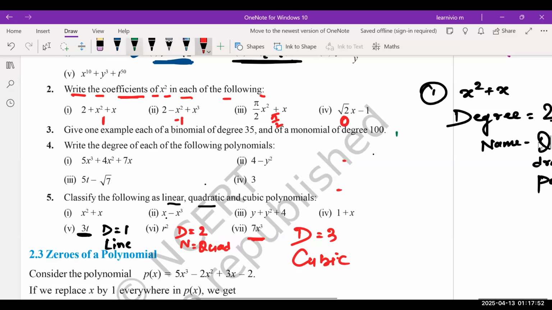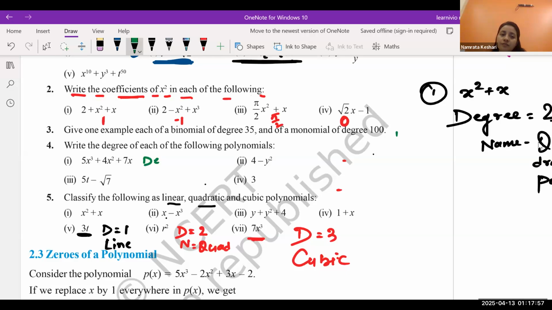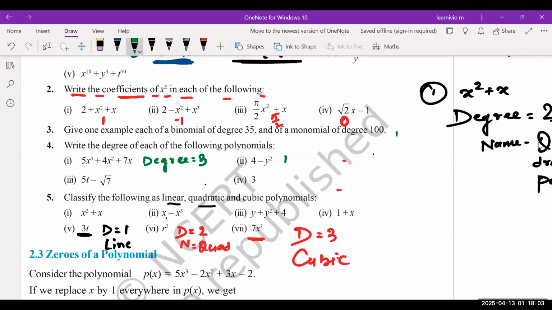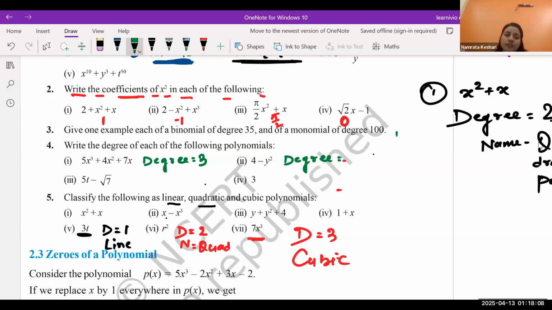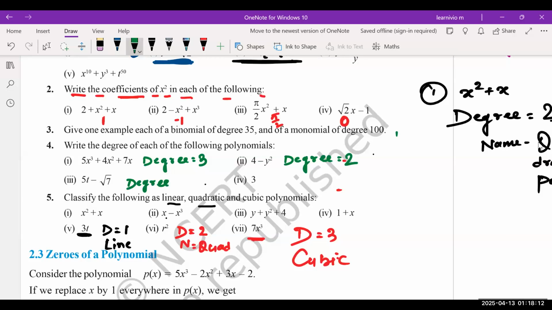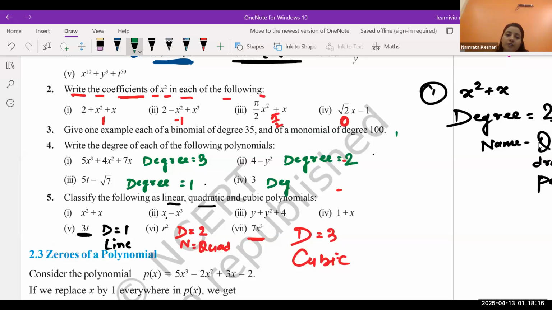The first one, what is the degree? 3. Next one, number 2, what is the degree? 2. Yes, perfect. Next one, what is the degree? 1. Perfect. And last one, what is the degree? 0. Yes, perfect.